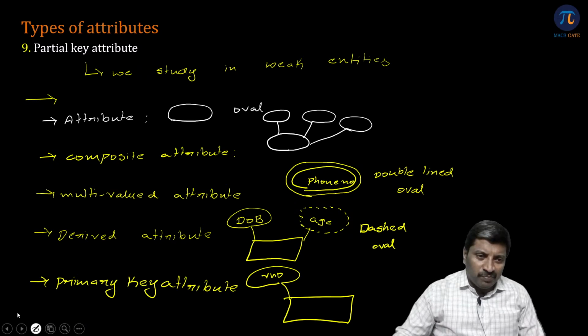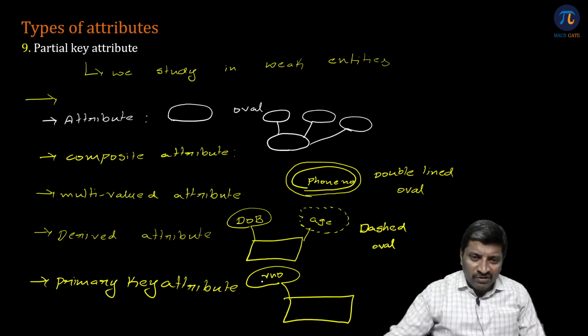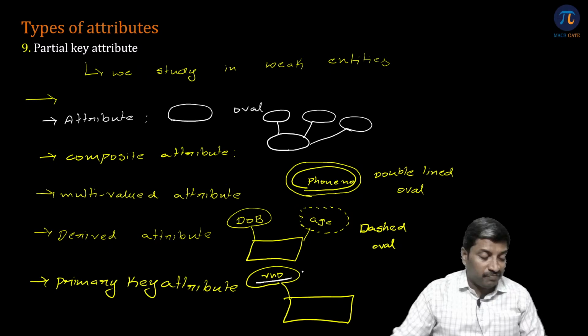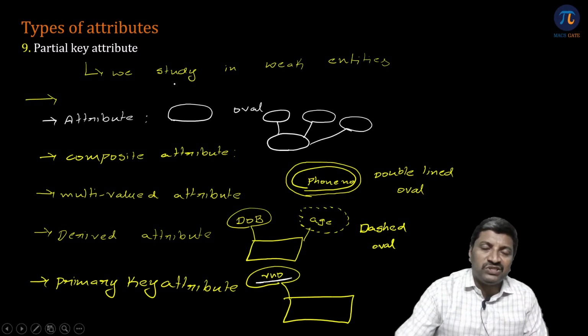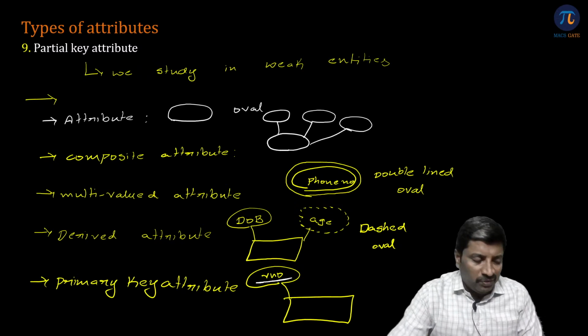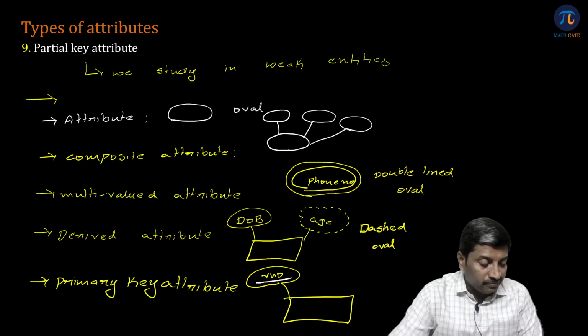Whenever it is a primary key attribute, we denote it by underlining it in the oval. Hope you understood. Please go through all these symbols, sir. If you have any doubt about the types of attributes, please raise it in the chat box.